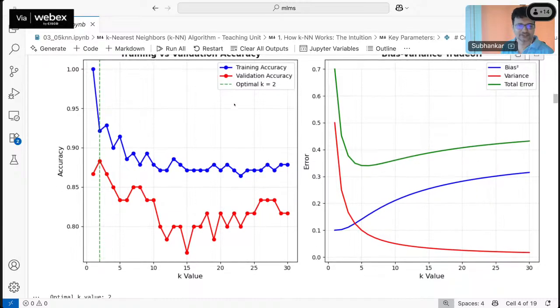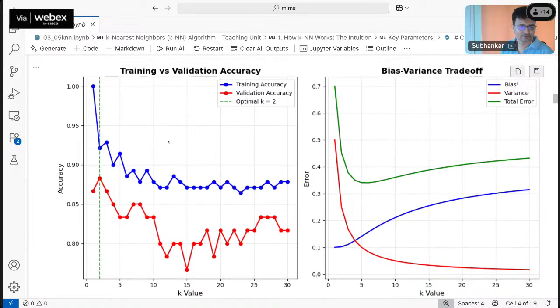There is no training accuracy per se, but assume I'll ask a question maybe later. If you vary k, this is how we perform, this is how accurate we are. Look at the red curve on the left-hand side, and just ignore the training accuracy for now.